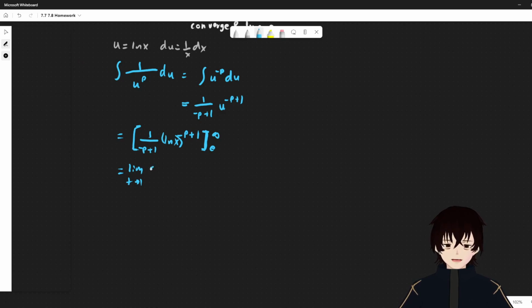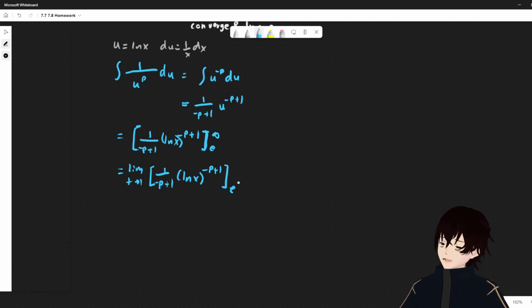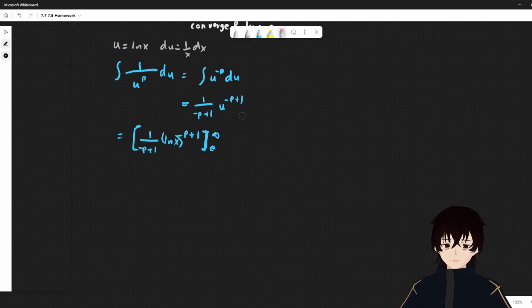This is the limit of 1 over negative p plus 1 natural log of x to the power of negative p plus 1 from... actually, p is always greater than 1 because p is e.